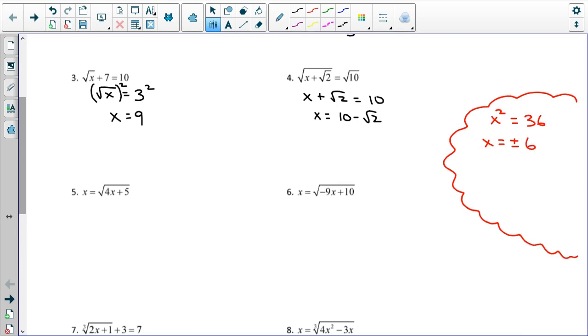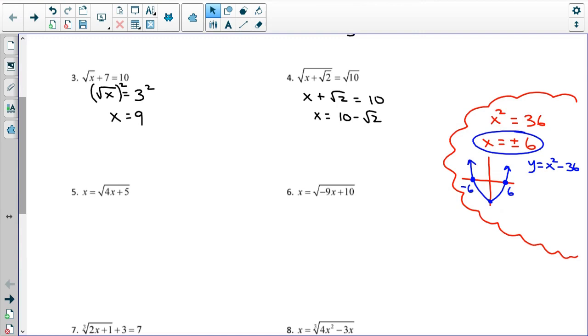That is because if I have x squared equals 36, if I graphed that, that's the same thing as graphing y equals x squared minus 36. So it's a vertical shift of negative 36. And what I end up with is two x-intercepts at negative 6 and 6.